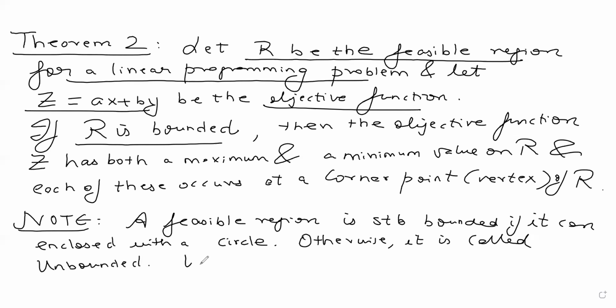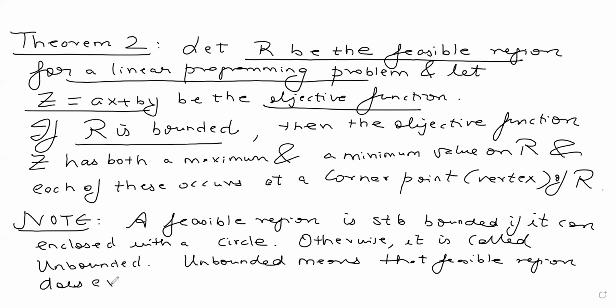So I can write unbounded means that the feasible region does extend indefinitely in many directions. If you cannot enclose a region within a large circle, that region is said to be unbounded.